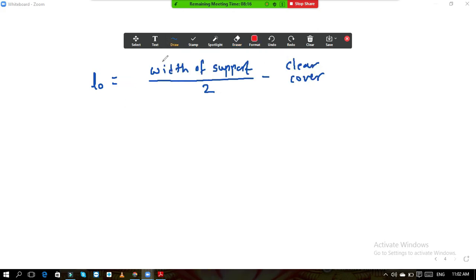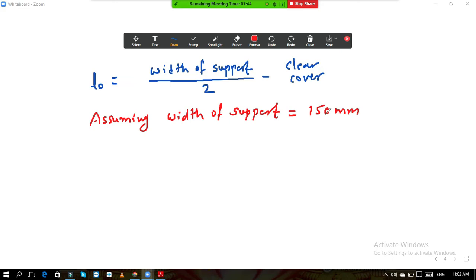So here I can write, assuming width of support. Now see the bending moment on this slab is very less, that's 10.05. So there is no need to provide the larger width supports. So we can provide the support width of 150 mm or 120 mm also.